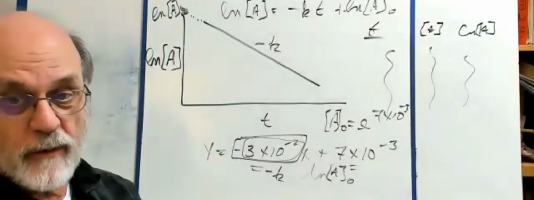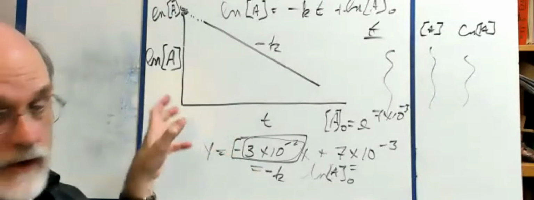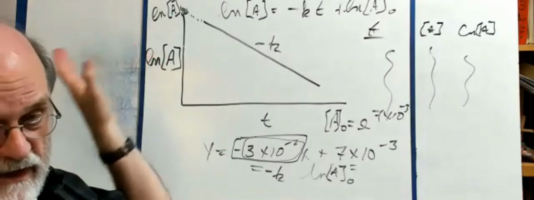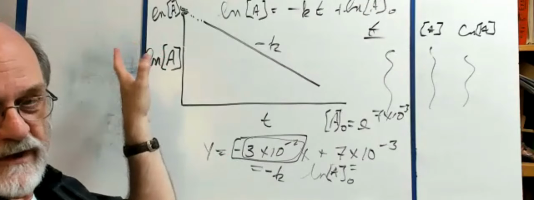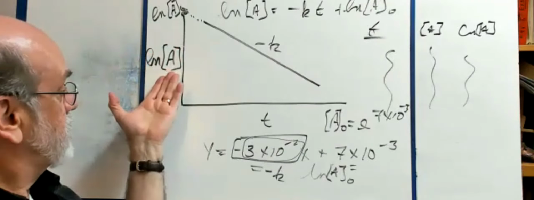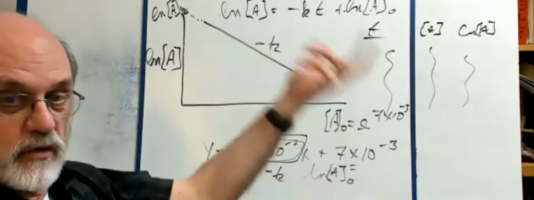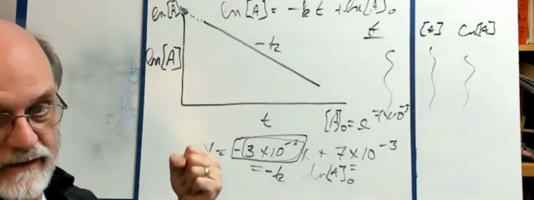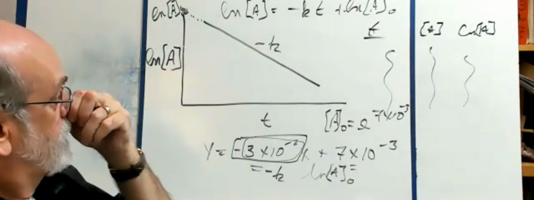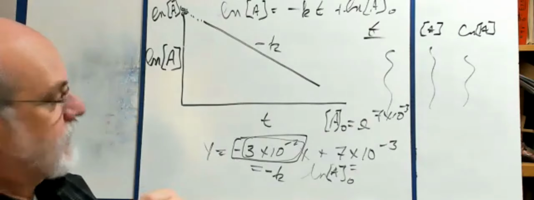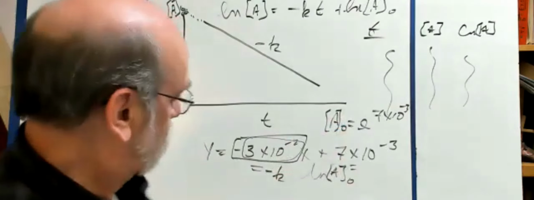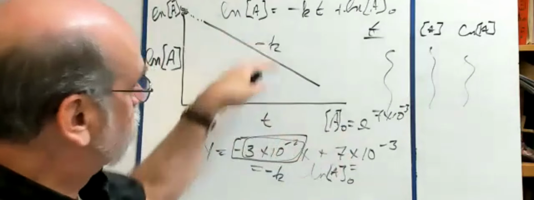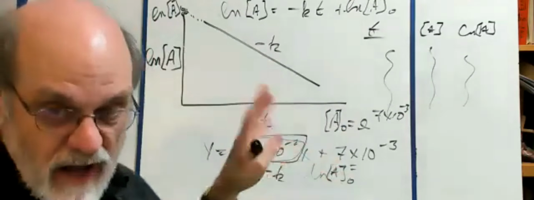Okay, so when you're interpreting these graphs, you got to remember that there was a transformation that was used. So if you need to find the raw information, you may have to do a reverse transformation to get the data. Okay, so if you have this equation defined for that line, that equation gives you lots of information.